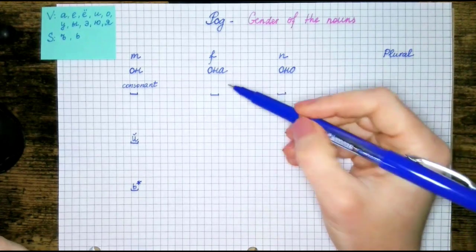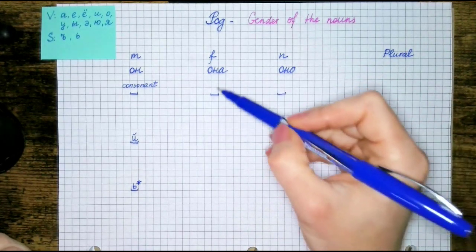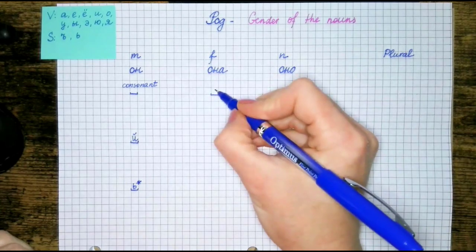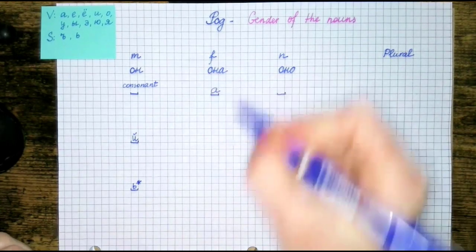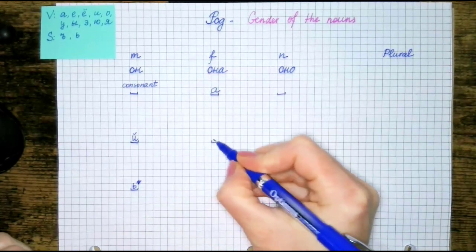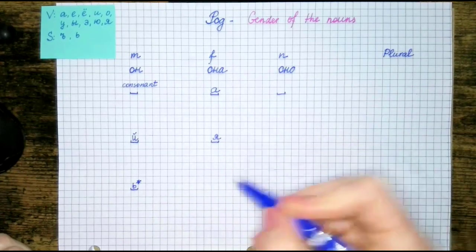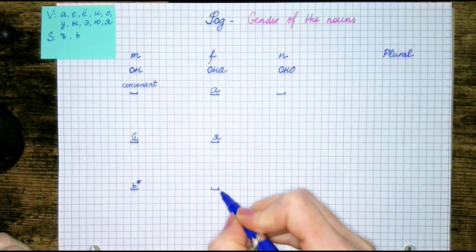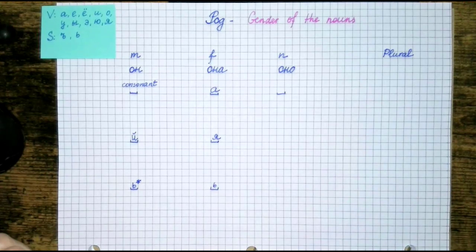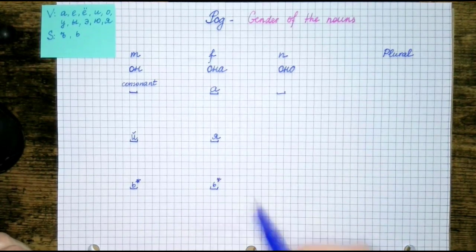Let's move on to feminine, and we recognize feminine nouns as words that end in a or ya or soft sign. Remember how I put an asterisk here? I'm going to put this one here.